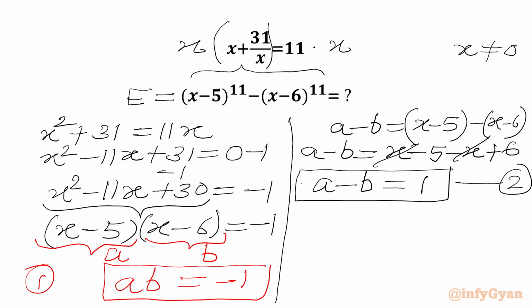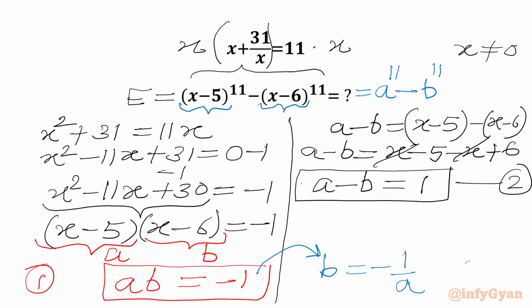Let's check our required expression E in terms of A and B. So x minus 5 is A, we'll write here A power 11 minus, x minus 6 is B, we'll write here B power 11. Now from our first equation, we can write B value in terms of A: minus 1 over A. Here x cannot be equal to 5, which means A cannot be 0.